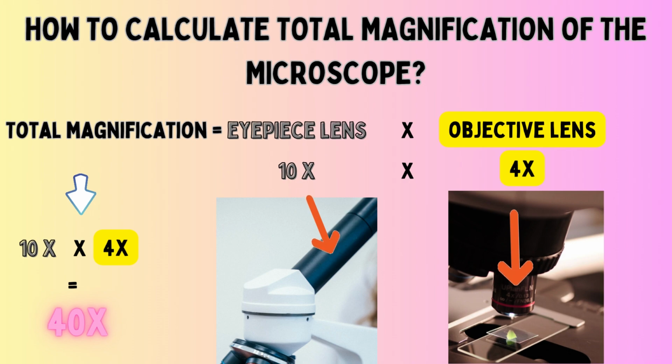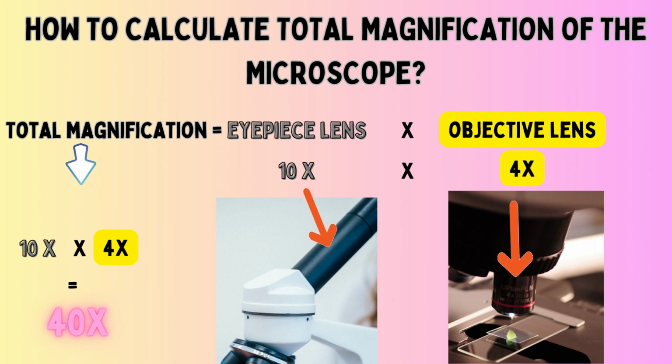The second piece of information that you need is which objective lens you are using at that specific moment when you are performing the experiment. In this case on the slide, you can see that we are using the scanning magnification, or 4 times.